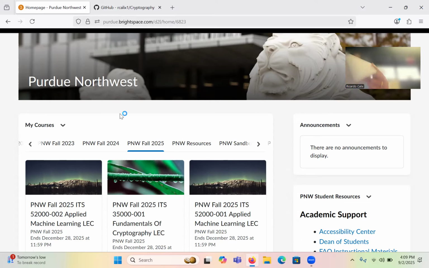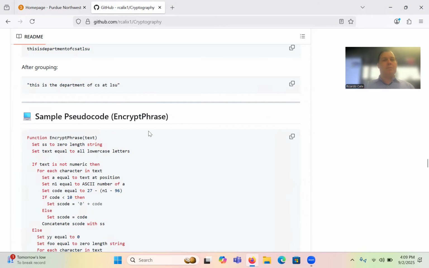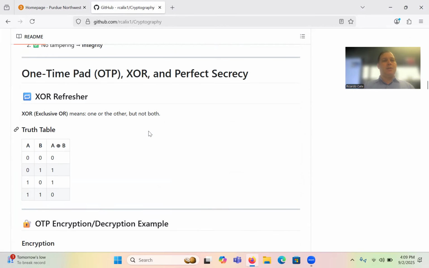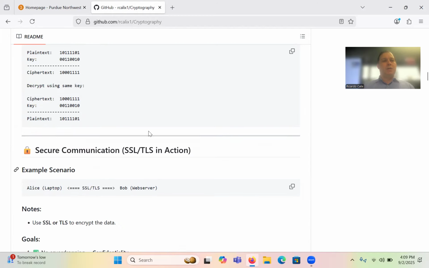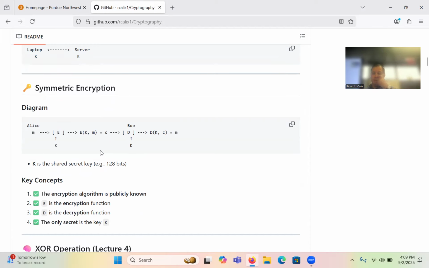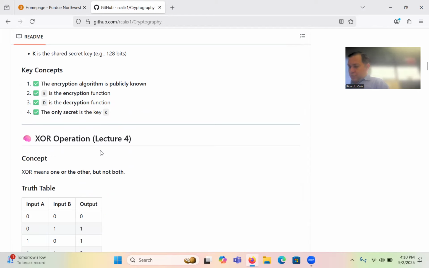The last thing we covered, I believe, was going back to here. I think the last thing we covered, yeah, I know we did XOR examples. I went over symmetric encryption, gave you a formalized version of it in the previous lecture, what everything is. So that's been defined.